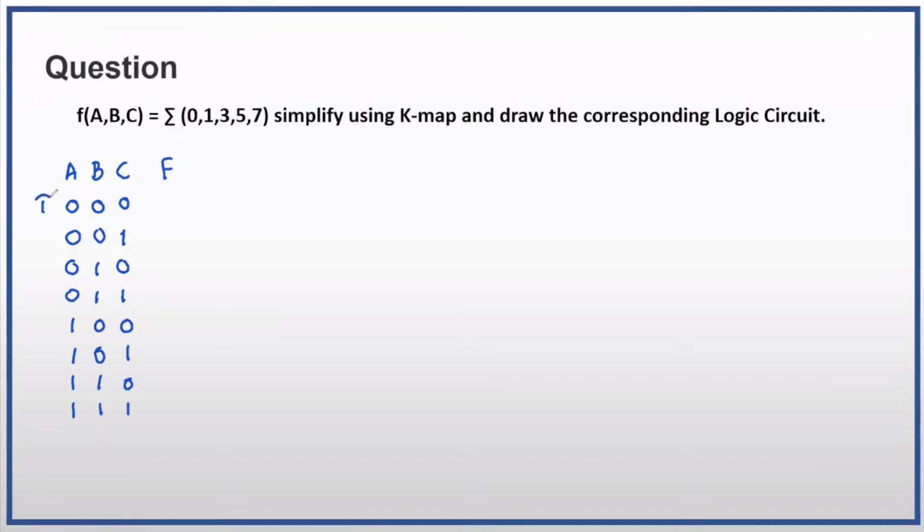By this, it represents 0, 1, 2, 3, 4, 5, 6, and 7. So this is the sum of minterms. Therefore 0, 1, 3, 5, and 7 are the ones, and others are 0.